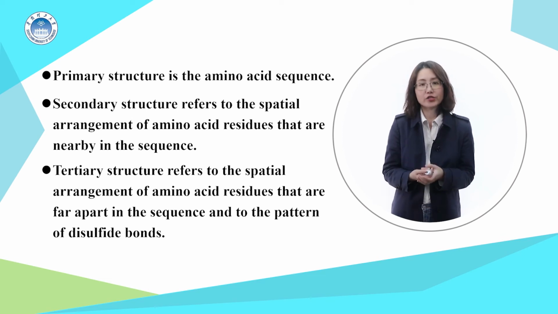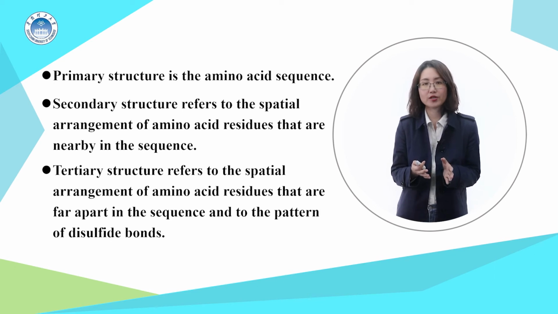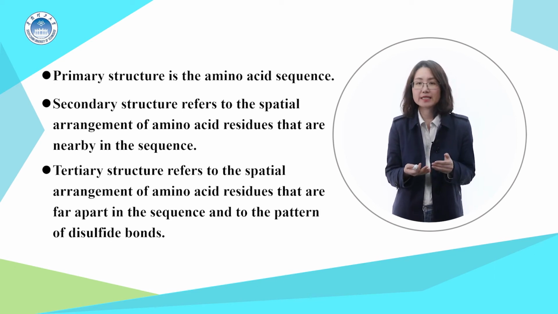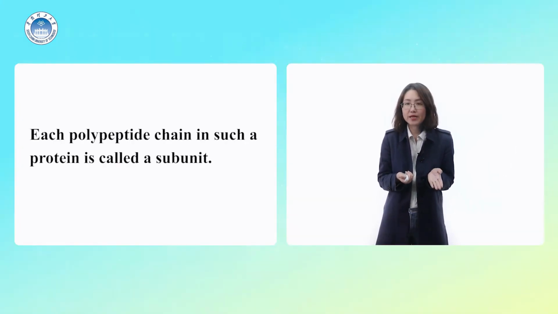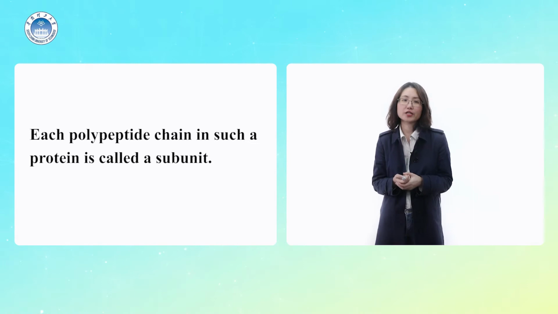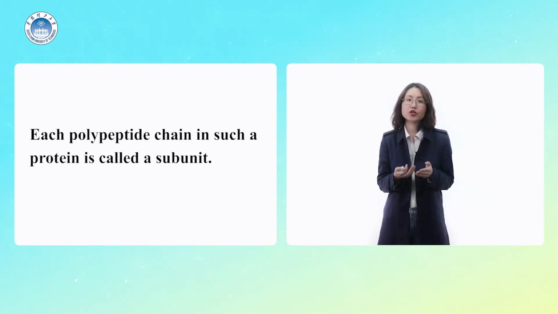We now turn to proteins containing more than one polypeptide chain. Such proteins exhibit a fourth level of structural organization. Each polypeptide chain in such a protein is called a subunit. Quaternary structure refers to the spatial arrangement of subunits and the nature of their interaction.